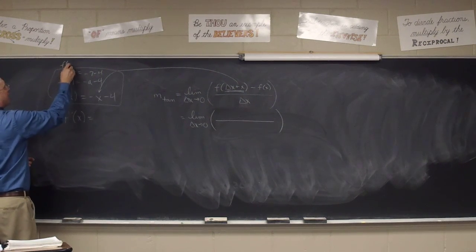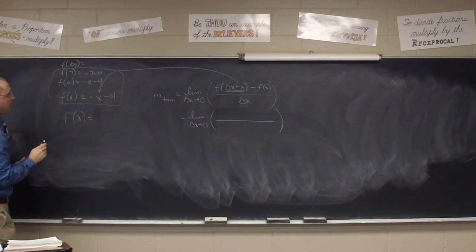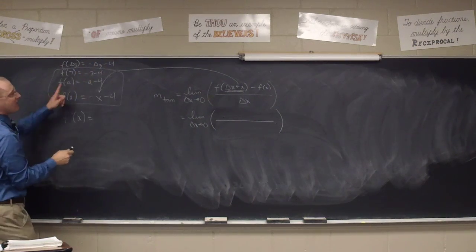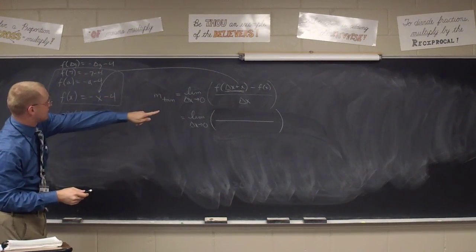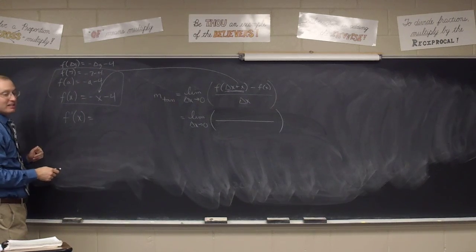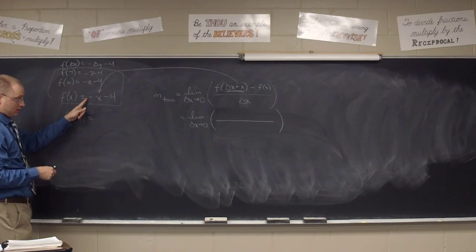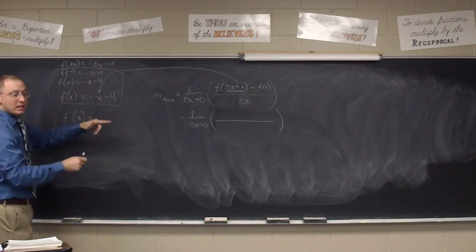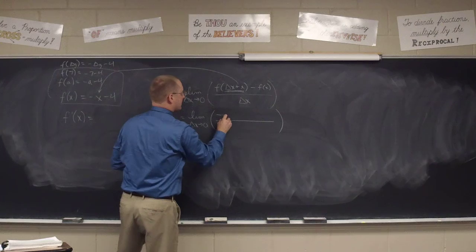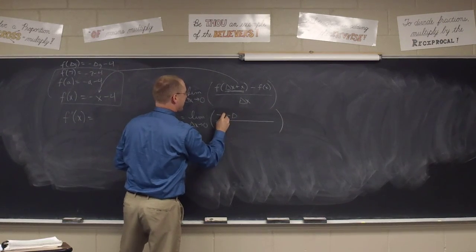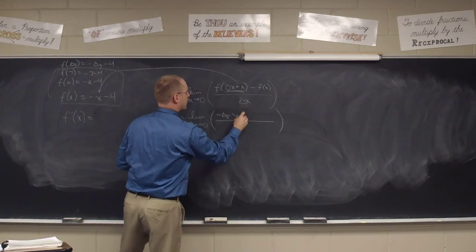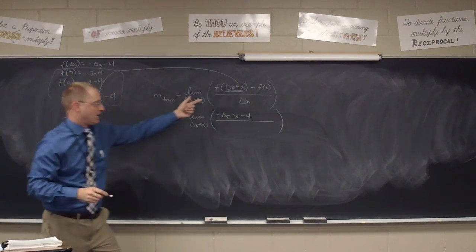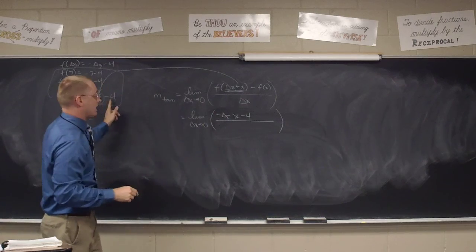If I said find f of delta g, what would that be? Negative delta g minus 4. Right, so if I say f of delta x plus x, what's it going to be? Negative delta x plus x, minus 4, or as you said, negative x, negative delta x, minus 4. The negative changes the sign of the delta x plus x, and the negative 4 stays along for the ride.